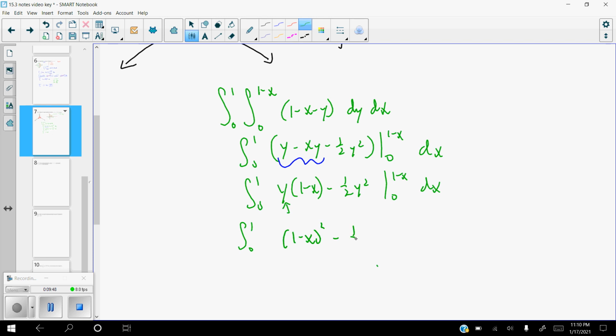And then here I'm going to get minus 1/2 of plugging the 1 minus x into the y, I get 1 minus x squared. Plugging 0 into both of those makes them both 0, so that's kind of nice. That's gone. So this is what I'm left with to integrate. Well, I have a 1 minus x quantity squared minus half of a 1 minus x quantity squared, so that's really just a half of 1 minus x squared.